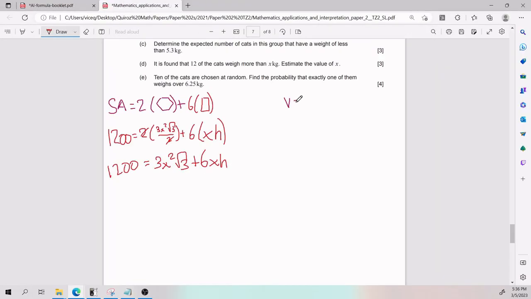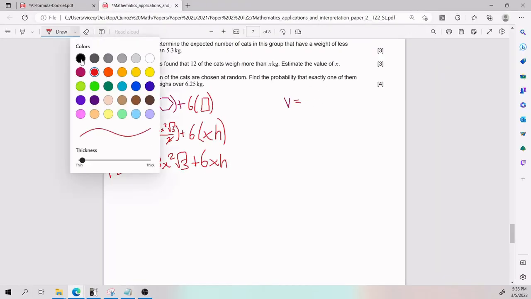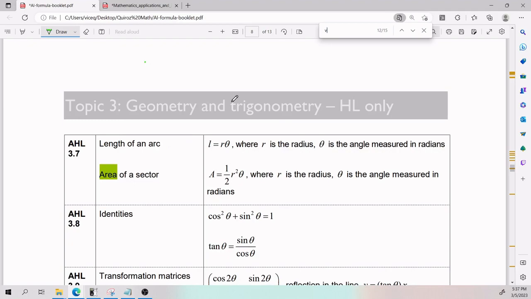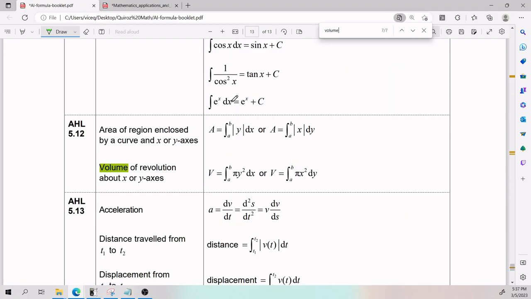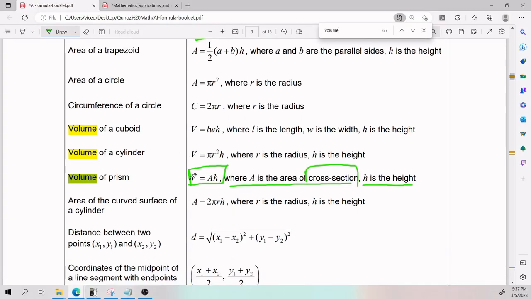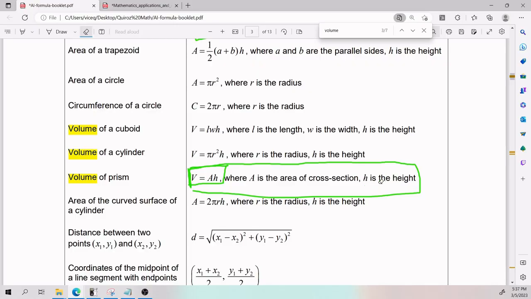And now for volume, okay, then we go ahead and work with volume for now. What is the volume of this? Well, we go to our formula booklet, search volume, see what we find. So for volume, we have whatever that is, of a cuboid, of a cylinder, of a prism. See, and so for volume of a prism, we have big A and H, right? Where big A is the area of the cross section and H is the height.